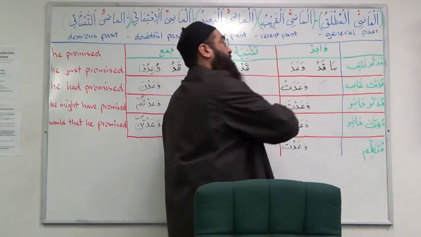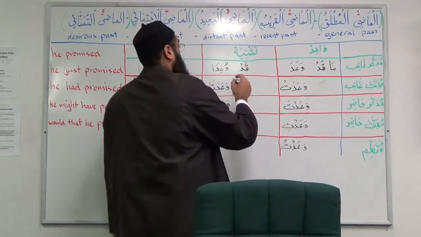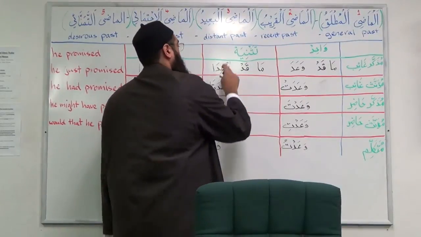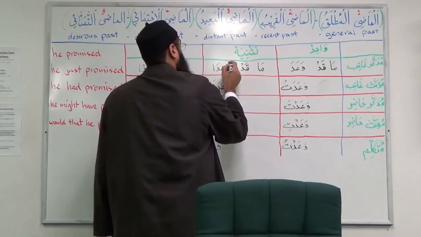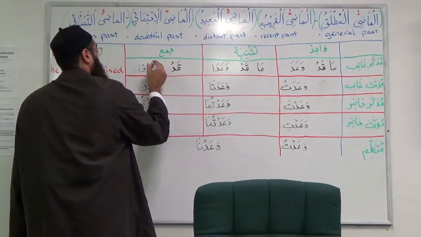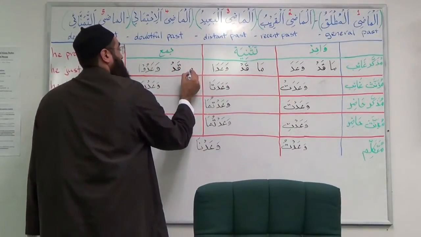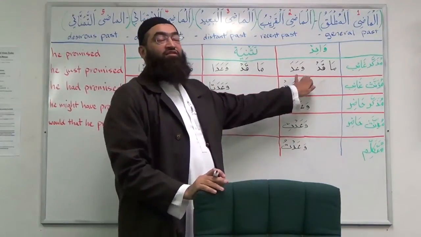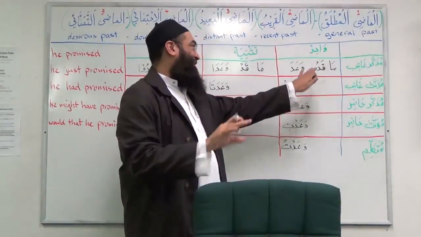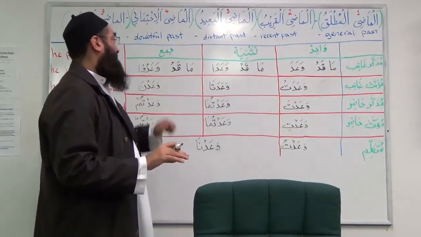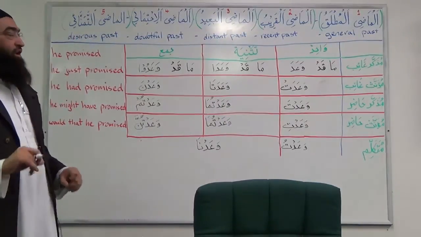So you can add a ma also, and that one man did not just get promised. Those two men did not just get promised. All those men did not just get promised.